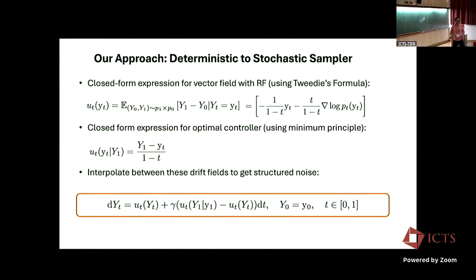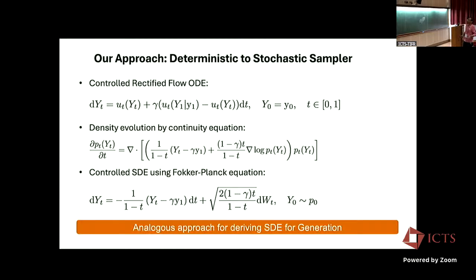It's somewhere between the noise and the image space. At y0, it's the noise space, and as t evolves, it's somewhere in between. So now we know this, you can write the controlled rectified flow ODE. You can write the density evolution by the continuity equation.